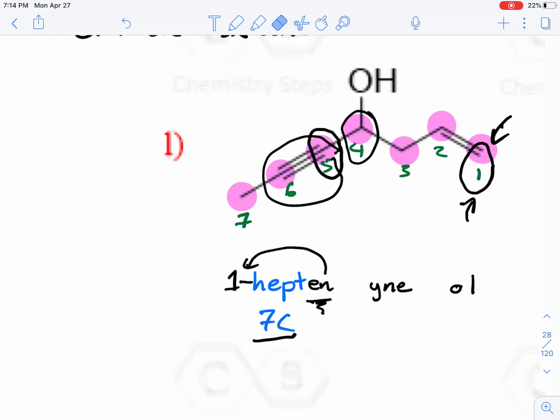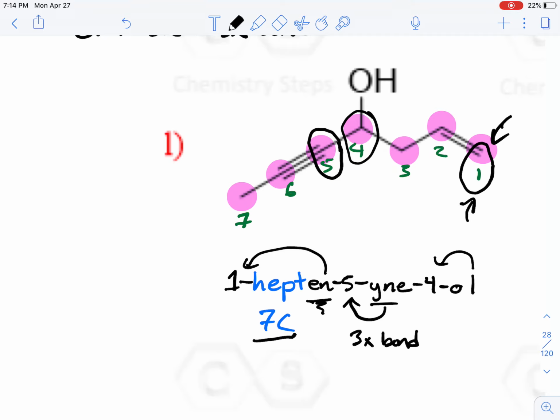So I'm going to put -5-yne. And so the triple bond starts on carbon 5. And for the alcohol, I'm going to put -4. Okay, so that's where the alcohol is located.